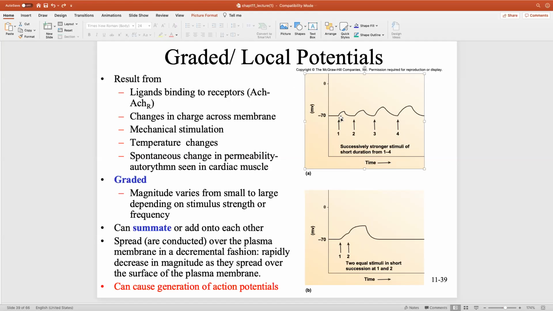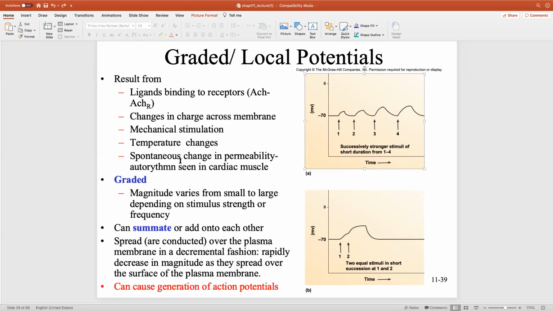If the stretch is strong enough, those stretch receptors stretch, and the more stretch, the more sodium entrance, the more likely we are to hit threshold and send a stretch signal along the nerve to the hypothalamus, telling the brain that the stomach has stretched a little bit. It might not stretch enough for us to activate our satiety center, but it does tell us that it's stretched, so you're eating something.